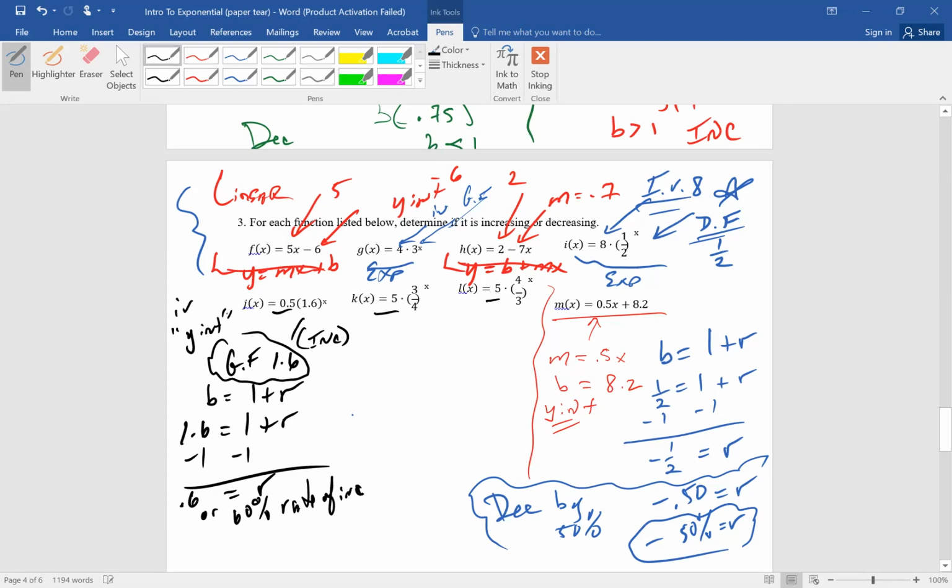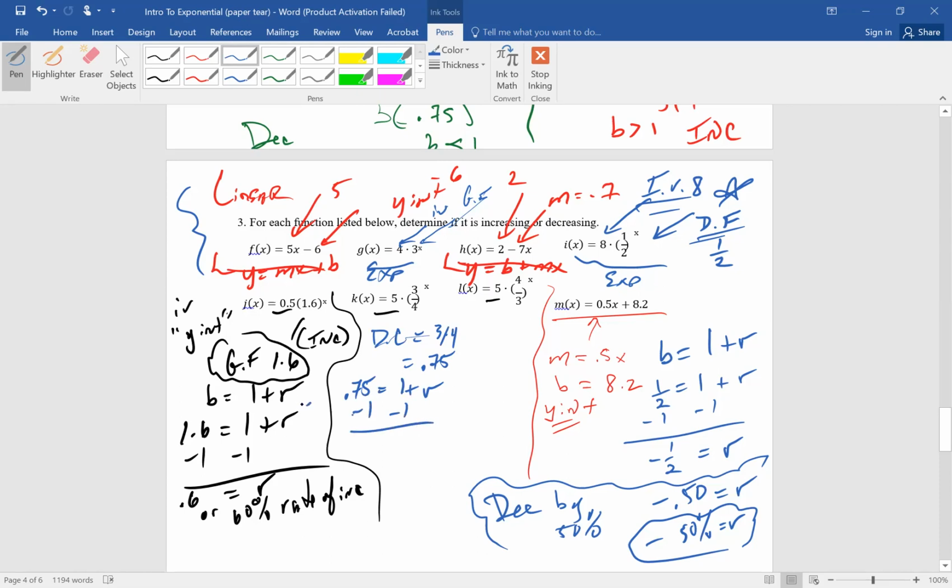Okay. For k of x, that's this one. Let's do a different color. We'll do it in blue. K of x is exponential, and its decay factor is 3/4 or 0.75 if you do it on a calculator. 0.75. If I ask you for the rate of decrease, minus 1.